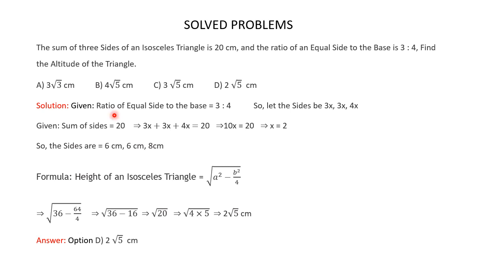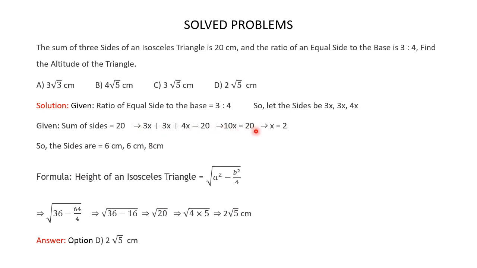Now it's given that the ratio of the equal side to the base is 3:4. Now we know that in an isosceles triangle, two sides are equal. So let the three sides of the isosceles triangle be 3x, 3x and 4x. Now it's given that the sum of the sides is equal to 20, which means 3x plus 3x plus 4x is equal to 20.